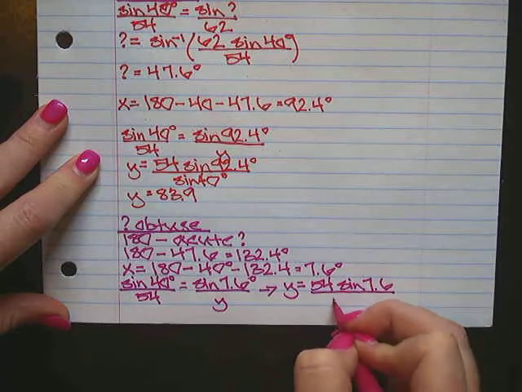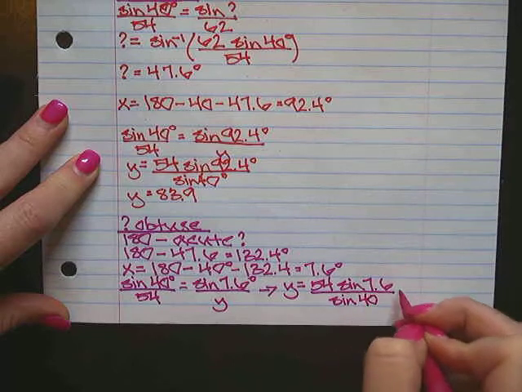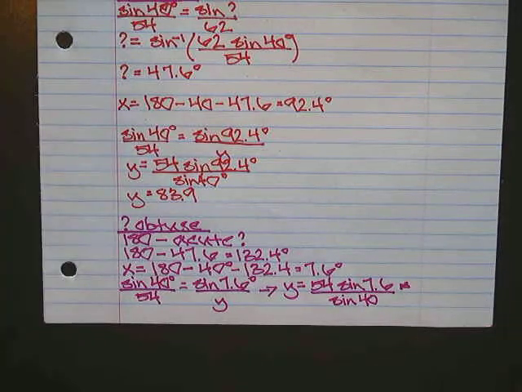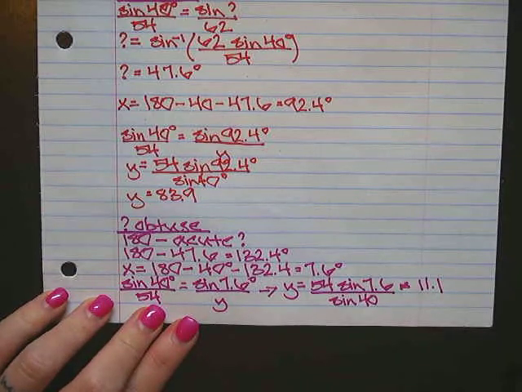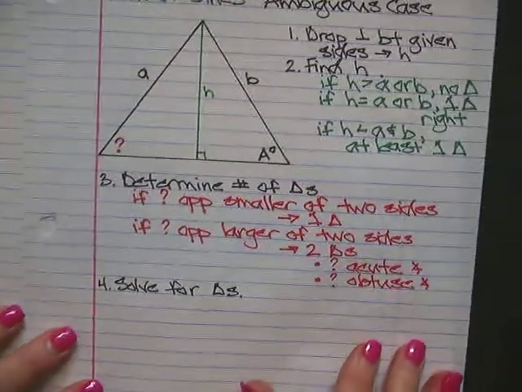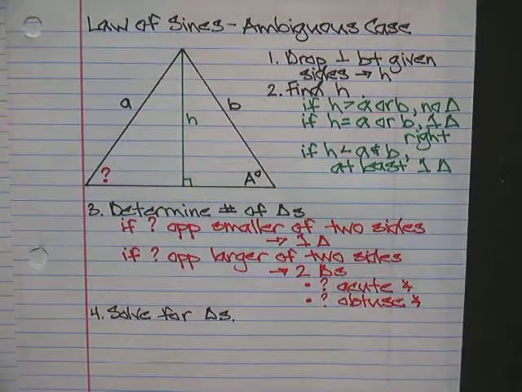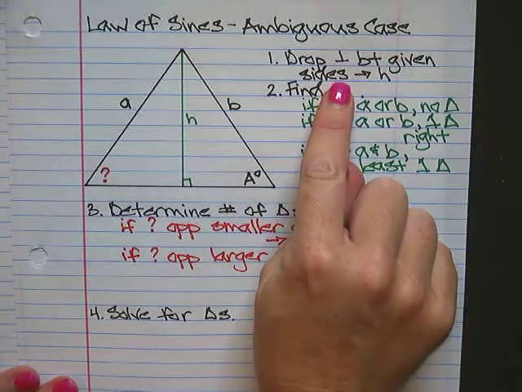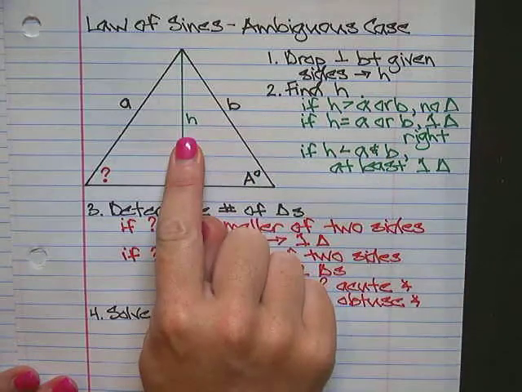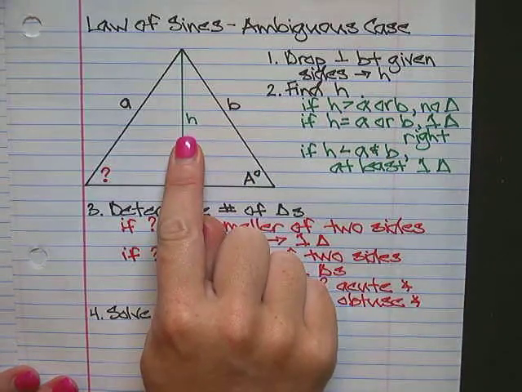The sine of 40 over 54 is now the sine of 7.6 over y. Let's just work to the right here since we're almost out of paper. So y is 54 sine 7.6 over the sine of 40, which is about 11.1.